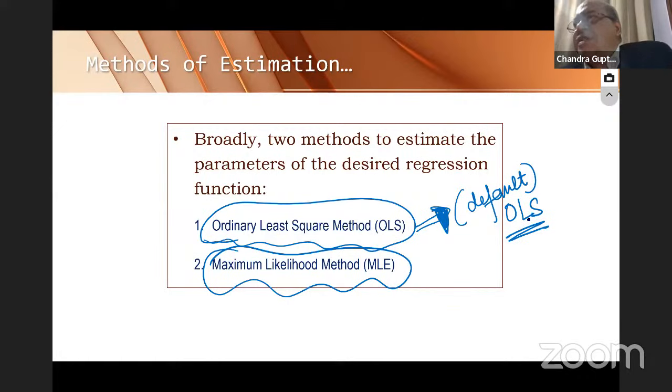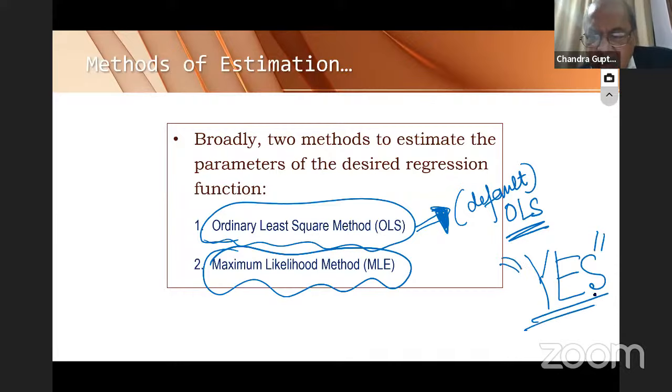Do we need to check these assumptions on residuals, Ganga, Sushil, Warrior? The answer is yes. And it's very important. Your conclusions will be valid if your model is perfect, and your model is perfect when your assumptions are true.